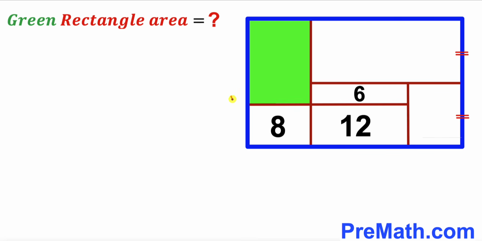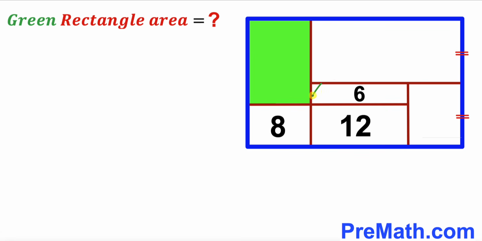In this video, we have this blue rectangle that consists of a bunch of these rectangles, as you can see in this given diagram, such that this is our green shaded rectangle. The area of this rectangle has been given to us as 8 square units. The area of this bottom rectangle has been given to us as 12 square units.